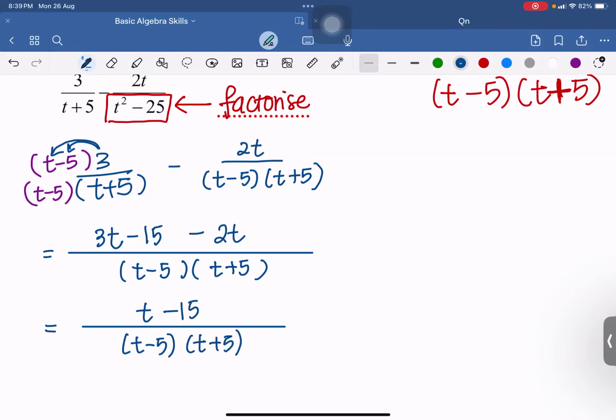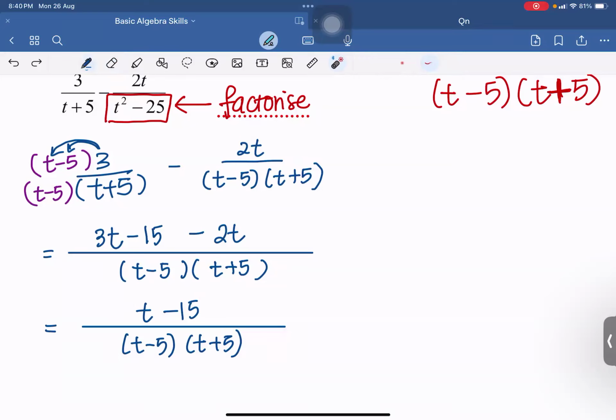Some students will ask me, can I cancel the 15 and the 5? Then make it become 3. Can or not? Cannot. Because this is not the whole thing, the factor. This is actually on its own, they are not the same.